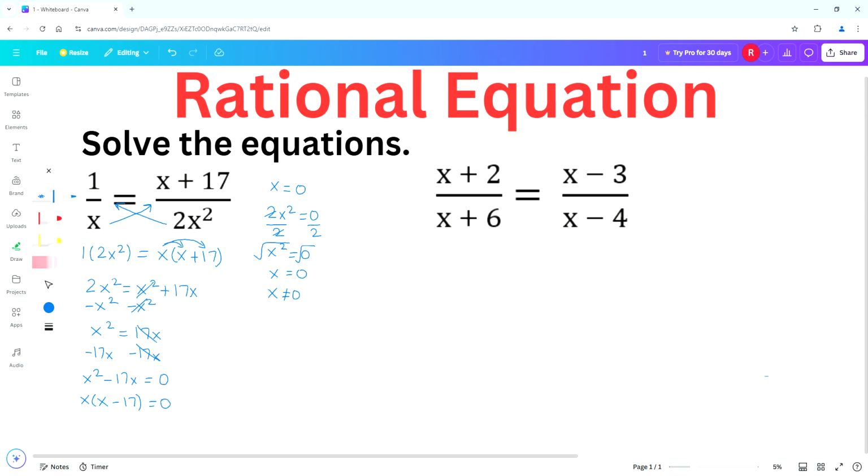Now we can solve this equation by analyzing the two cases. The first case is x equals 0 and the second case is x minus 17 equals 0. I can solve for x by adding 17 to both sides.